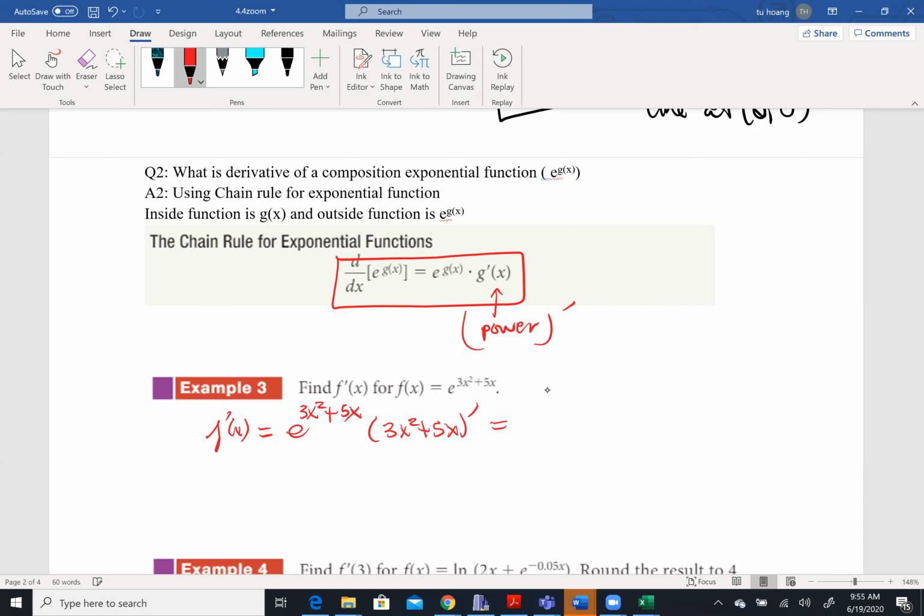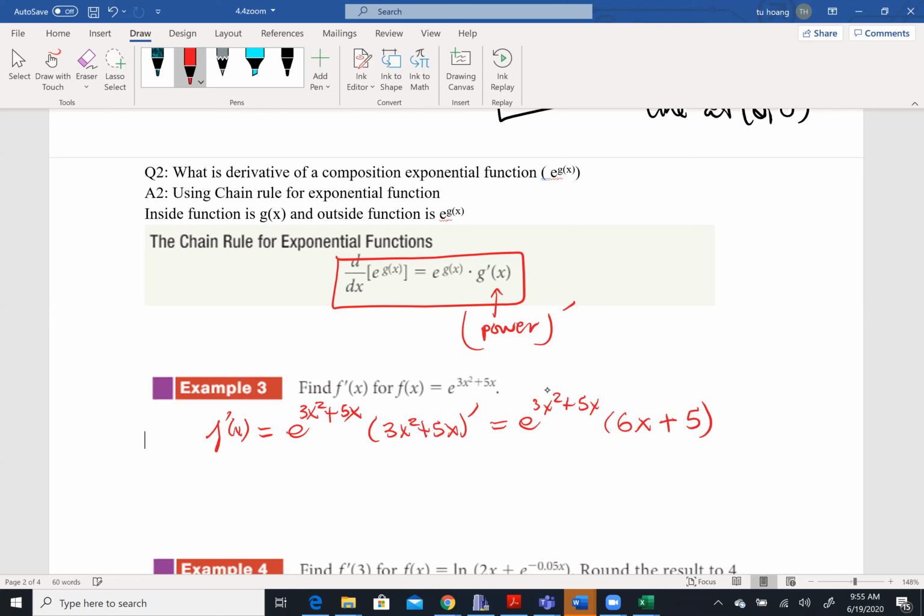So you will have e to the 3x squared plus 5x multiplied with the derivative of 3x squared, which equals 6x, because 2 comes down and x to the power 2 minus 1 equals x to the 1. Plus the 5.